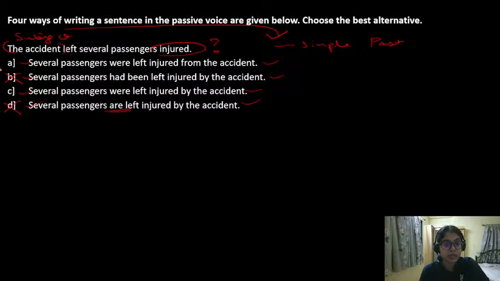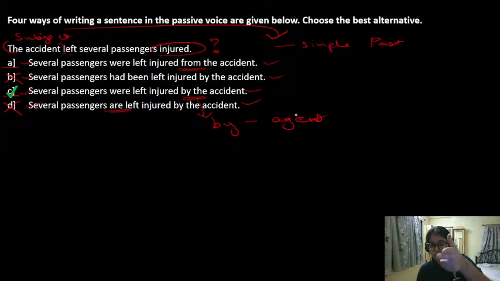Now, I have two sentences, A and C. Several passengers were left injured from the accident, and several passengers were left injured by the accident. Well, the appropriate preposition should be by the accident and not from the accident. Okay, by as a preposition is used for the agent. The bullet was shot by the huntsman with a gun.